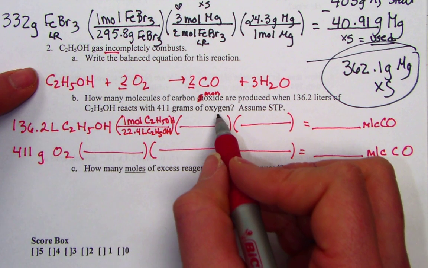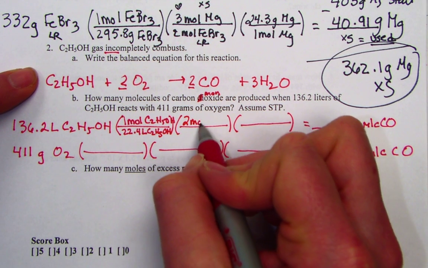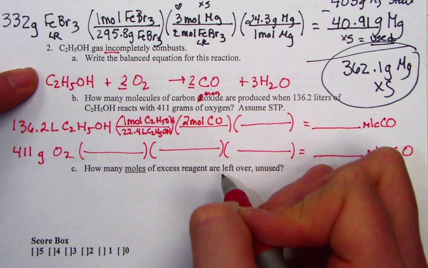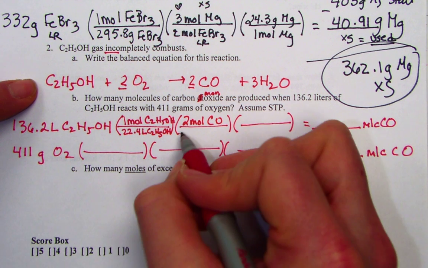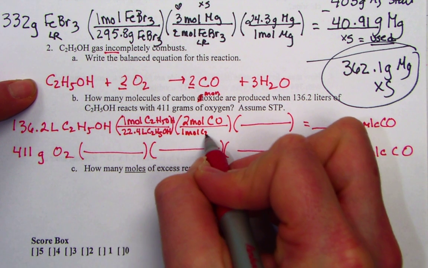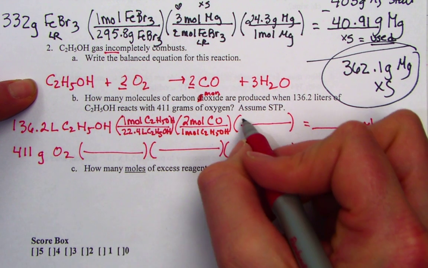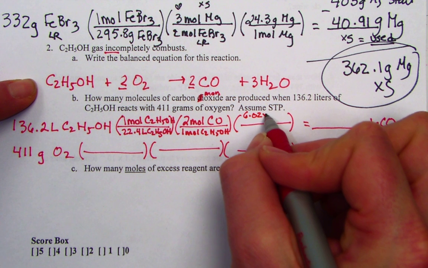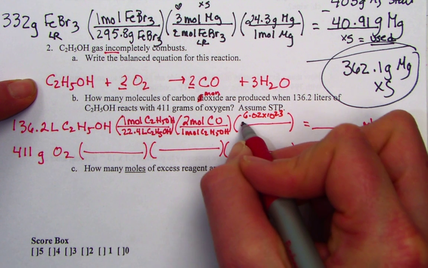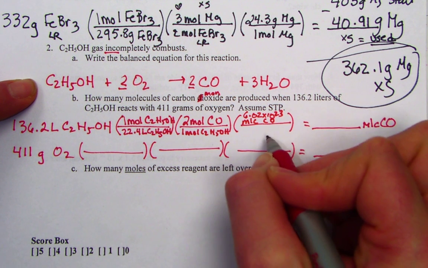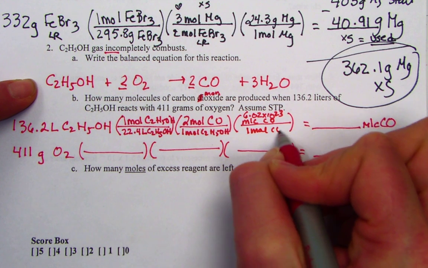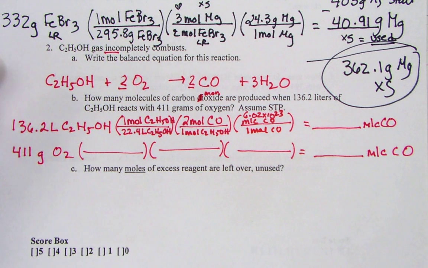Our stoichiometric ratio: I have 2 moles of our target carbon monoxide for every 1 mole of C2H5OH. To bring it out to molecules, I need Avogadro's number, 6.02 times 10 to the 23rd molecules of carbon monoxide in every 1 mole of carbon monoxide.